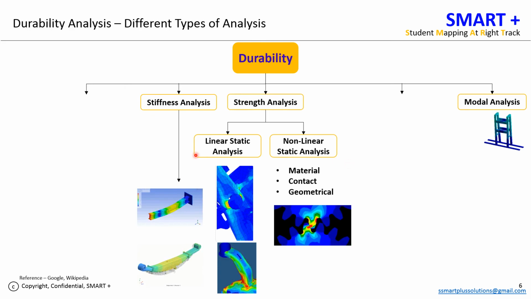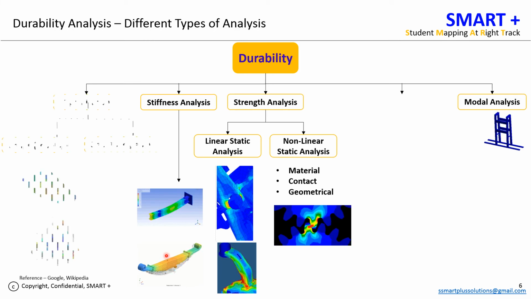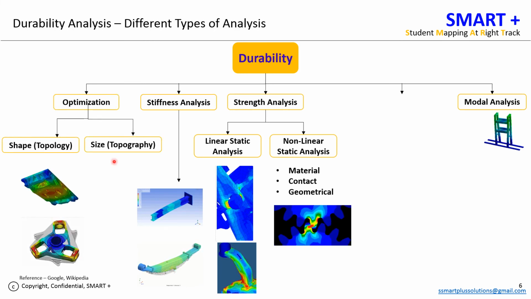Then another analysis is stiffness analysis. We can find the stiffness in the X, Y, and Z directions of each component by applying loads and boundary conditions. Then optimization is another branch in which different optimizations are done to reduce the mass of a component or to increase the frequency.